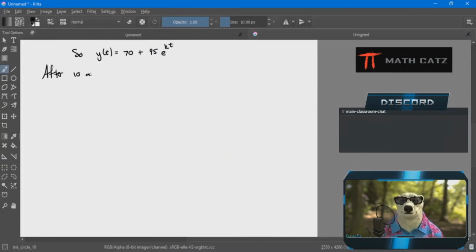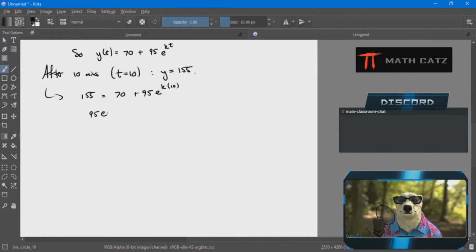After 10 minutes, that means t is 10. We have y equal to 155. So we can plug that in. At 155 for y, everything else is the same. K is what I'm looking for, and 10 for t.